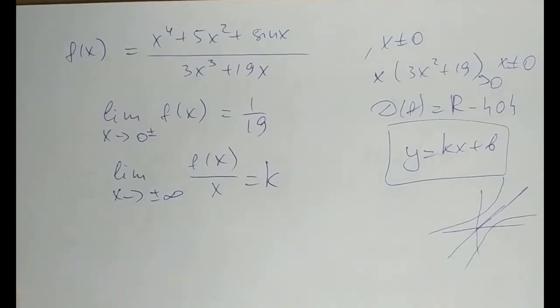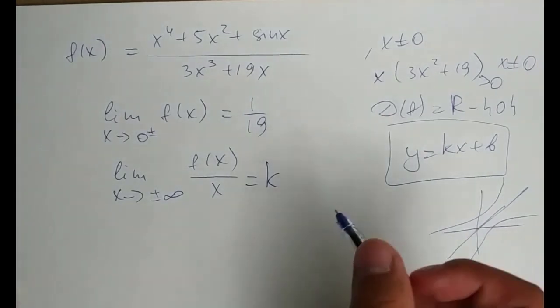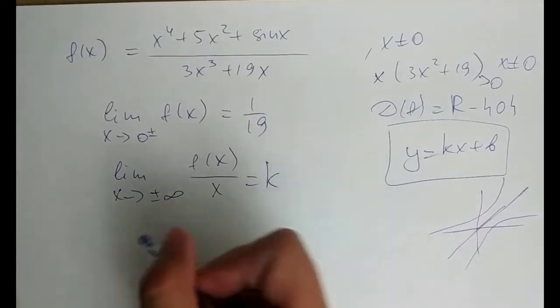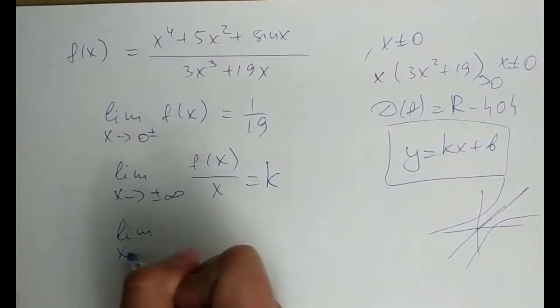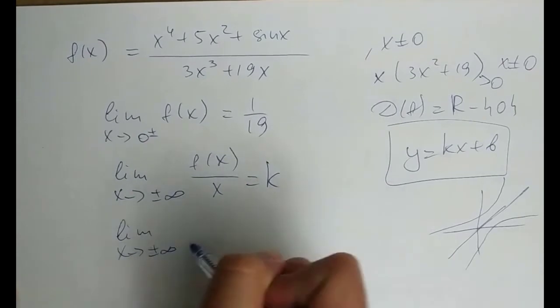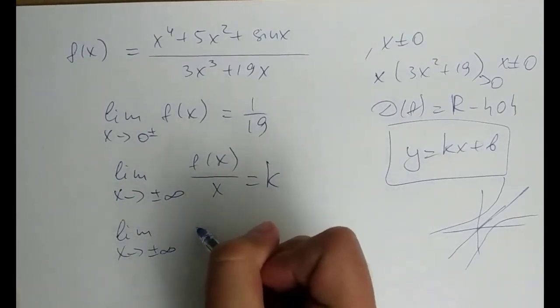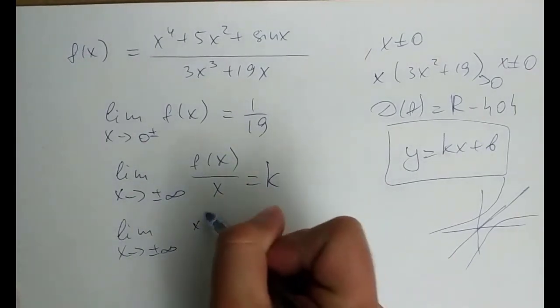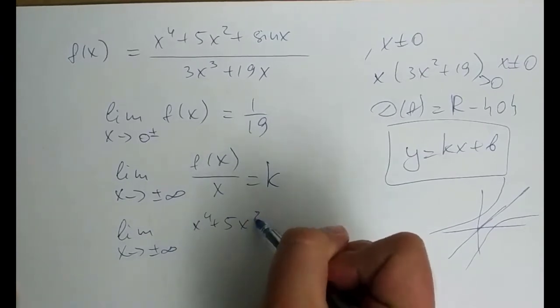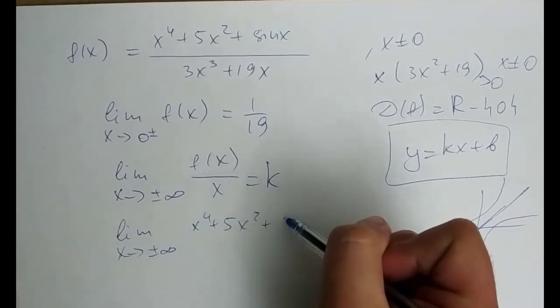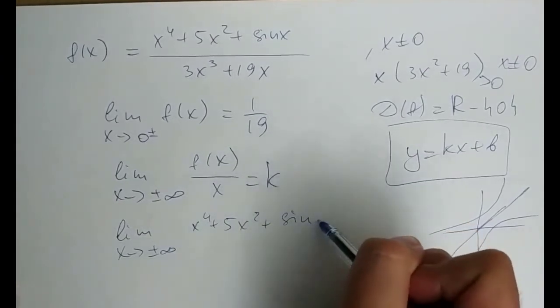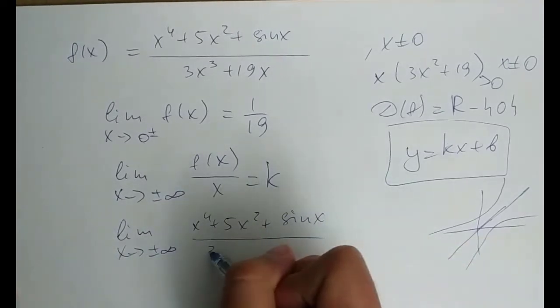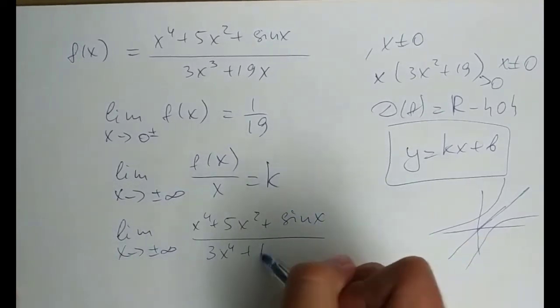Now our k: if we divide by x, we have x fourth plus 5x squared plus sine x over 3x fourth plus 19x squared.